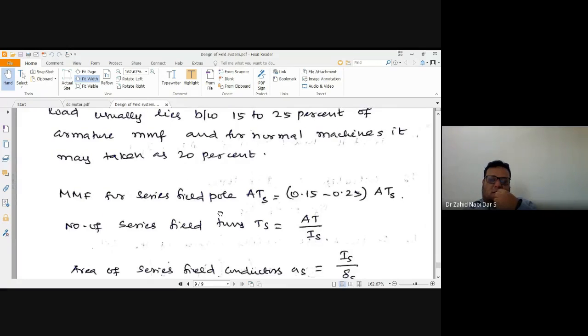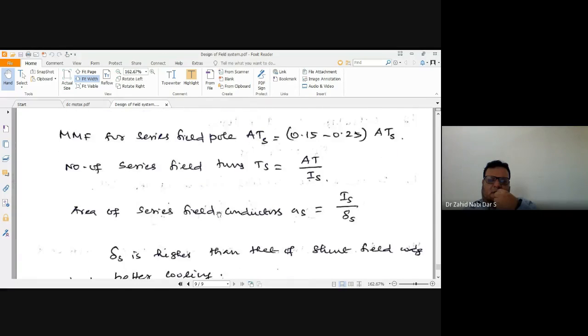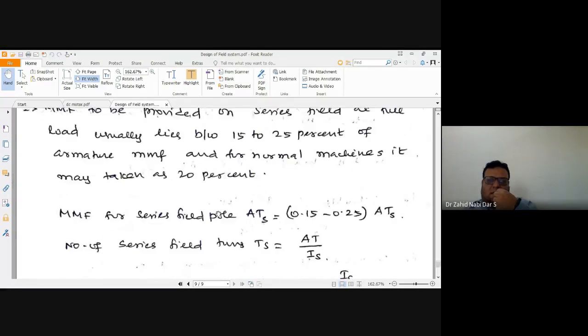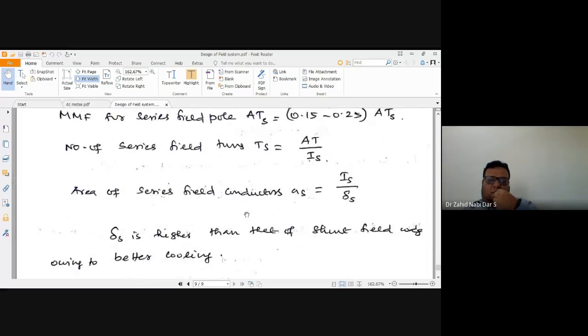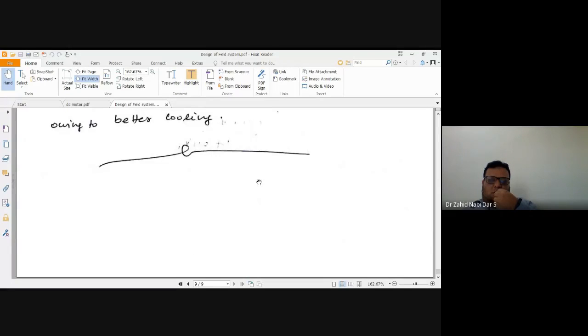So this one design difference is there. The number of field turns remains the same, and the area of series field conductors is the same, but the current density is higher because you are considering 15 to 25. So it should be higher. Now let's see one numerical so that you will understand.